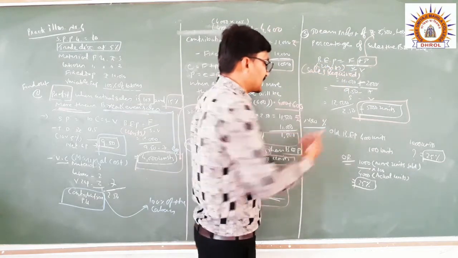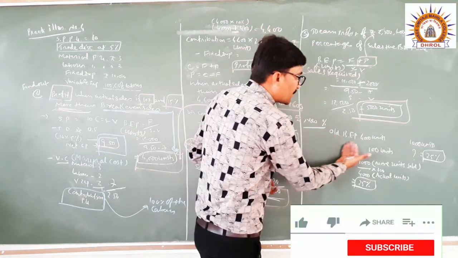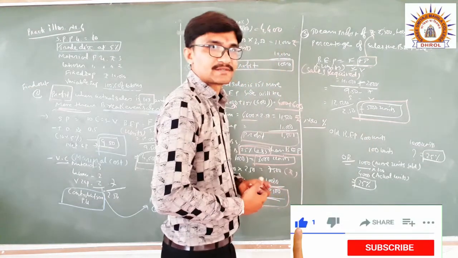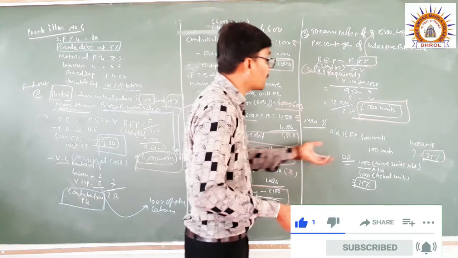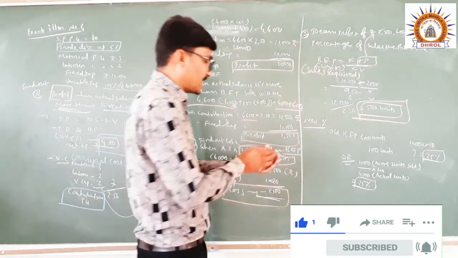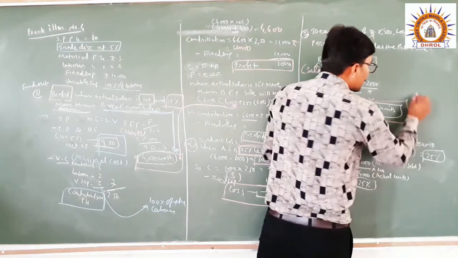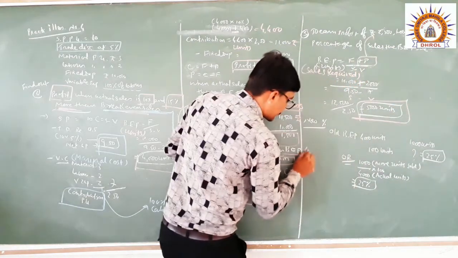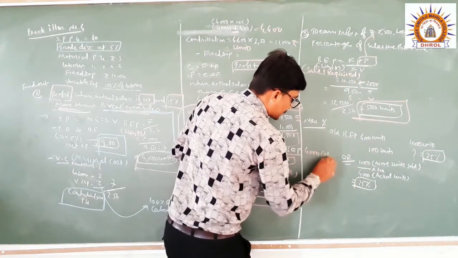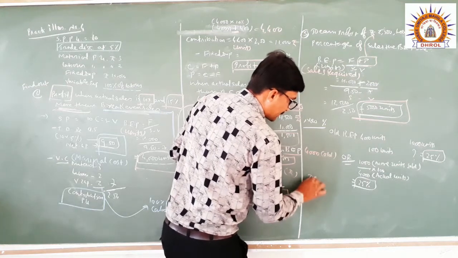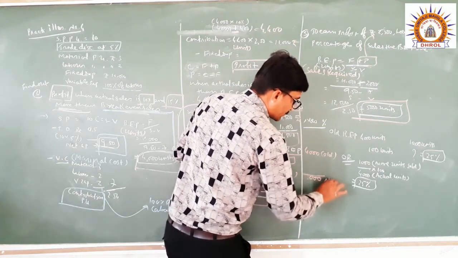So the percentage is that the old BEP is 4,000 units, right? Then if I increase the 1,000 units, that means what? See, here the 4,000 units old, right? And here the 5,000 units new.